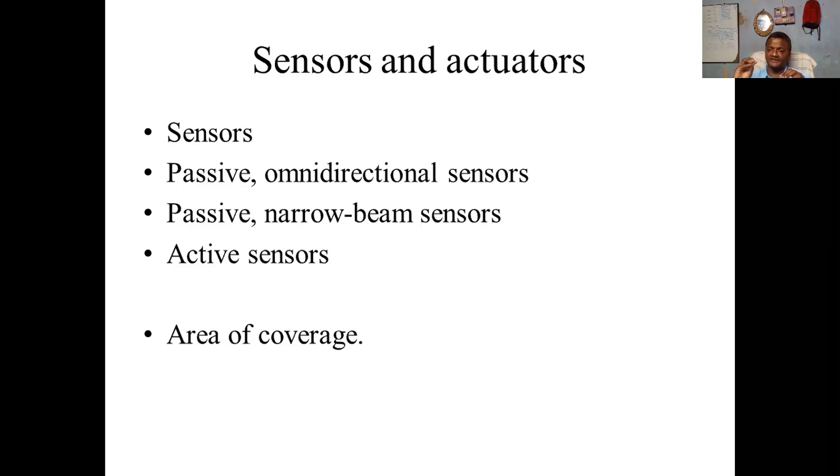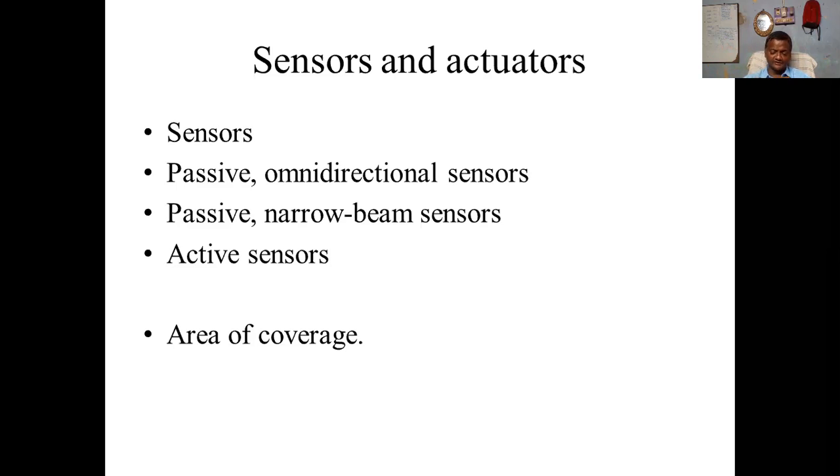It senses the physical quantity and produces a signal. Then, according to the signal, the actuator specifies what you want to do. If the switch is on, the actuator is working. If the switch is off, the actuator is not working. So for the actuators, the sensor is a switch.